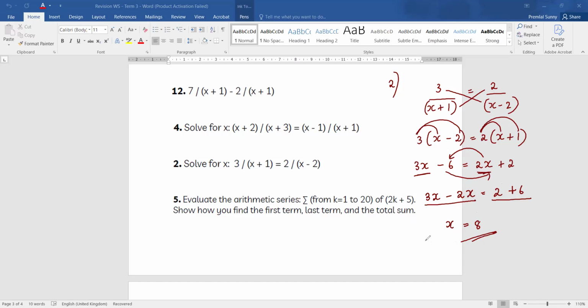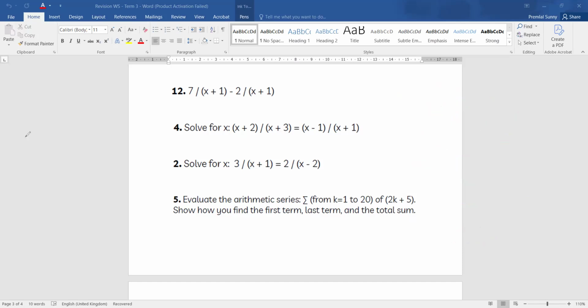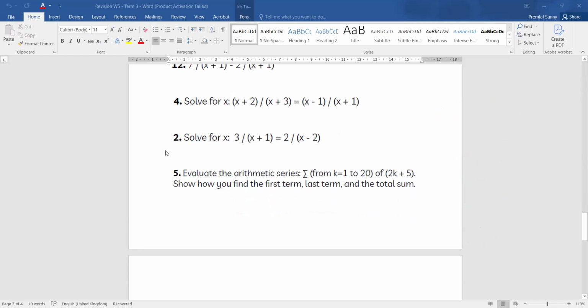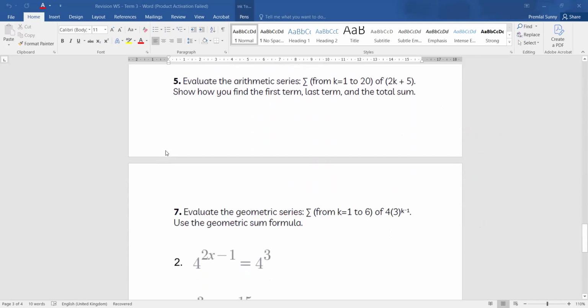Now moving on to the arithmetic series, question number 5 here. Now for question number 5, evaluate the arithmetic series sigma k is equal to 1 to 20, 2k plus 5.